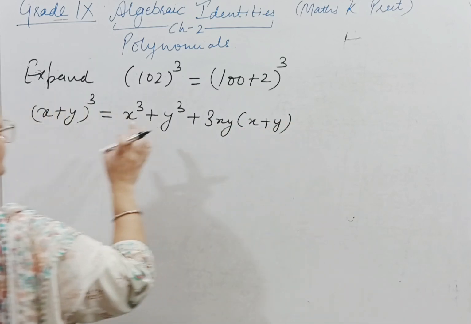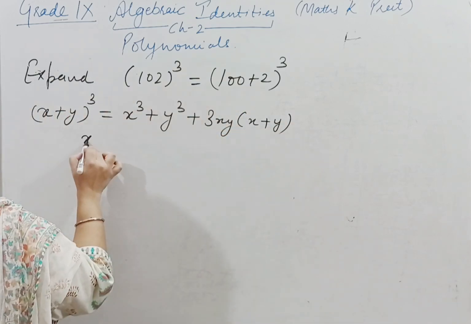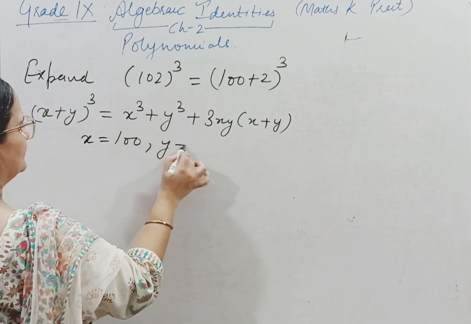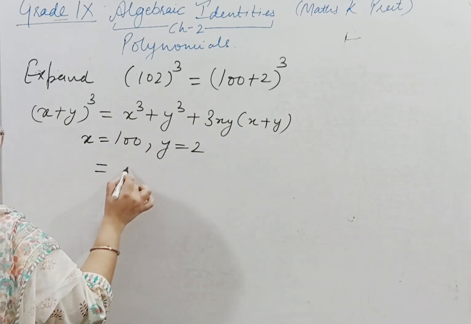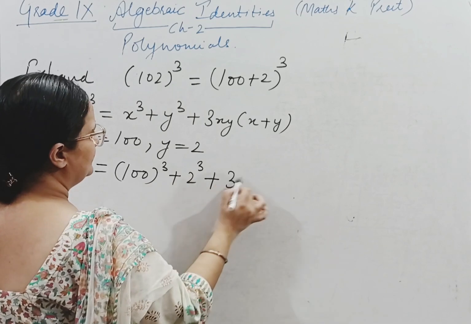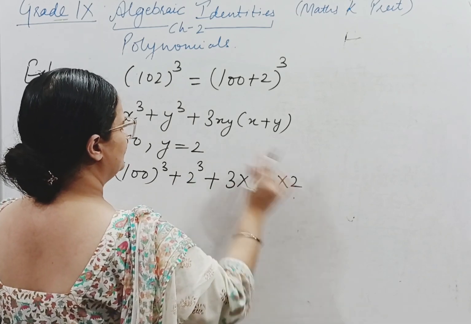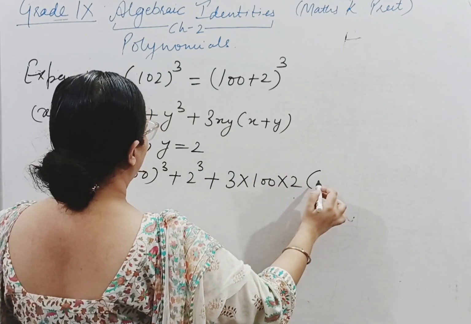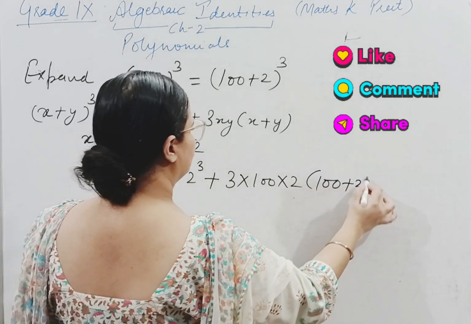Fine. So this is similar to x plus y whole cube. So here my x is 100 and y is 2. I'll just put the values here. So it's 100 cube plus 2 cube plus 3 into 100 into 2, 3xy in bracket. I will write 100 plus 2.